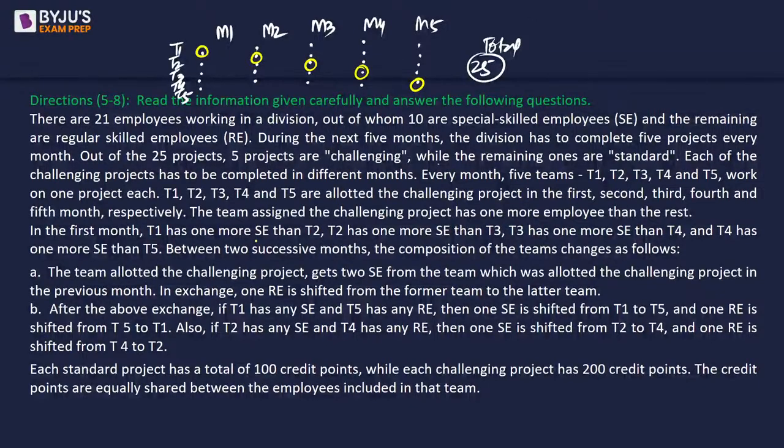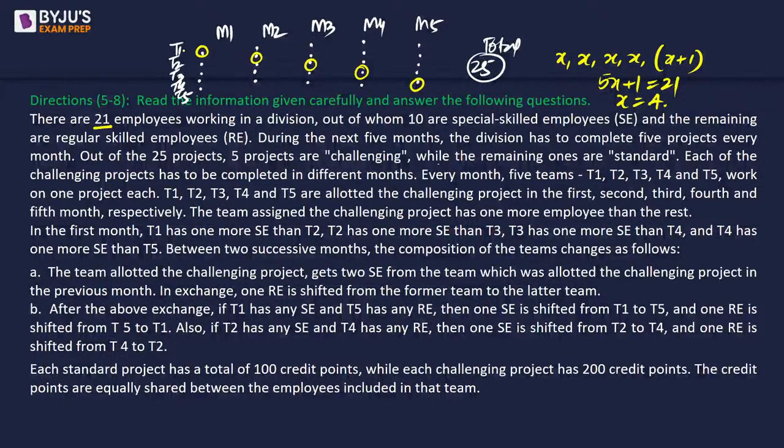Okay. Next, the team assigned the challenging project has one more employee than the rest. There are 21 employees. And the other teams, there are 4 teams which will have the same number of employees, and the next team will have one more than the others. So this gives us that 5x plus 1 gives us 21, right? Total 21 है. So x gives us 4.